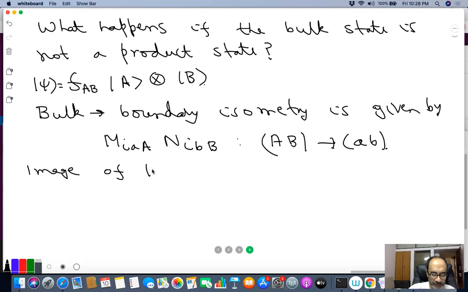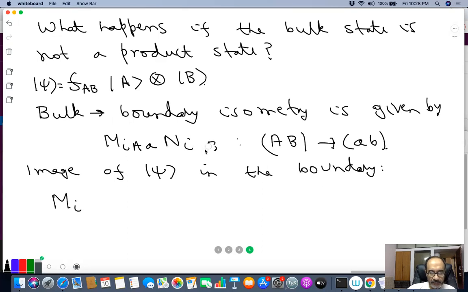Image of psi in the boundary will be given by, I think I again made the mistake. This is IA and then IB. And unfortunately, I have written it in the wrong way. It's a map from IA to A, right?